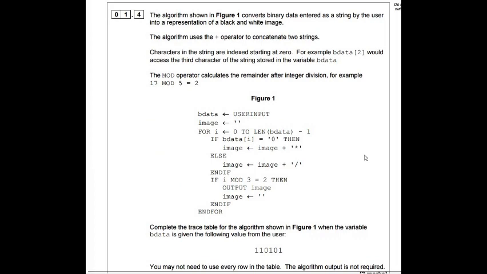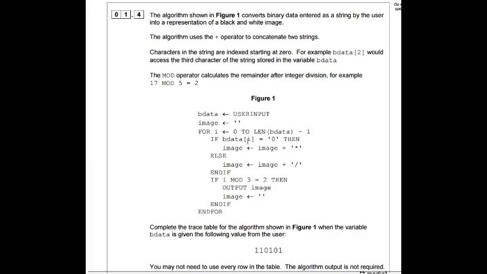We've got an algorithm in figure 0.1 where we're converting binary data entered as a string by the user into a representation of a black and white image. The plus operator concatenates the strings. Characters in a string are indexed starting at 0, so B data with 2 will access the third character of the string stored in the variable B data.